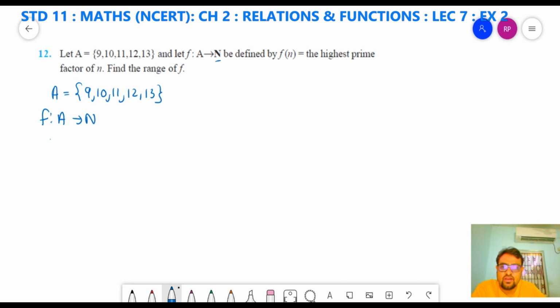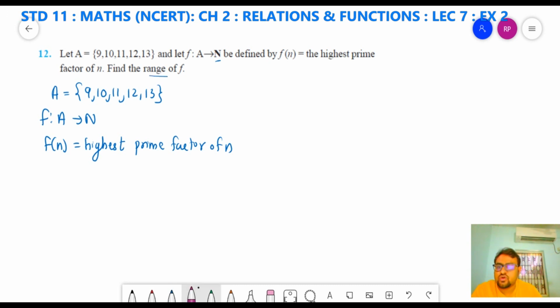What is f of n? f of n is equal to the highest prime factor of n. And you have to find out the range of the function. Okay, you have to find out the range. So now first let's select 9, f of 9.